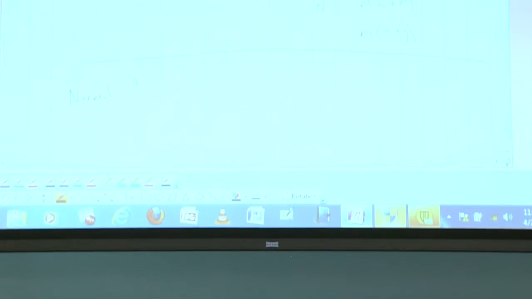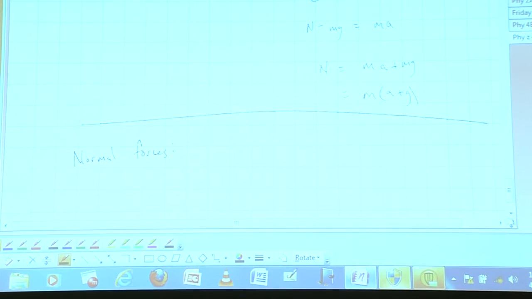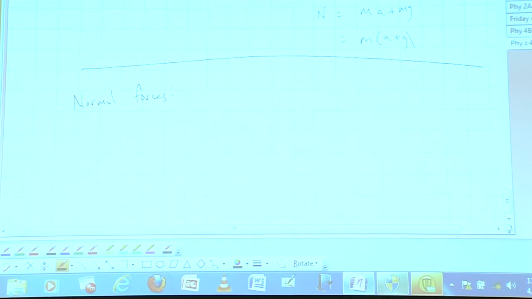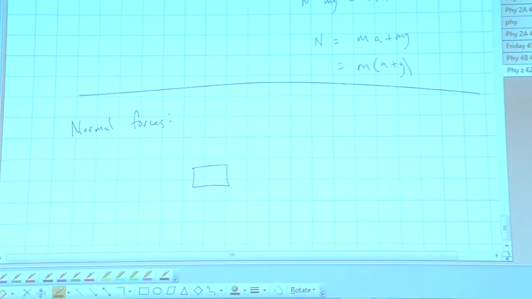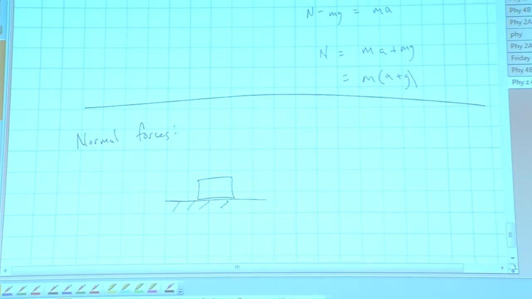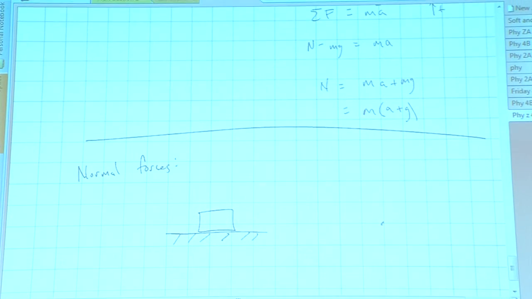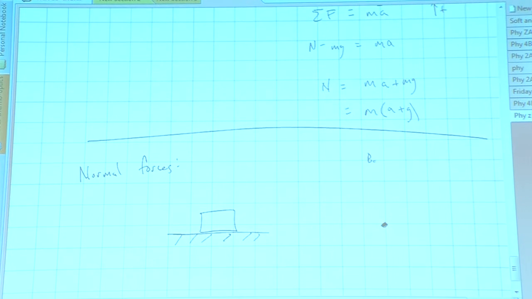Let's first talk about normal forces. Here's our book. Here's the table. Free body diagram over here for the book. Draw your free body diagram for the book.